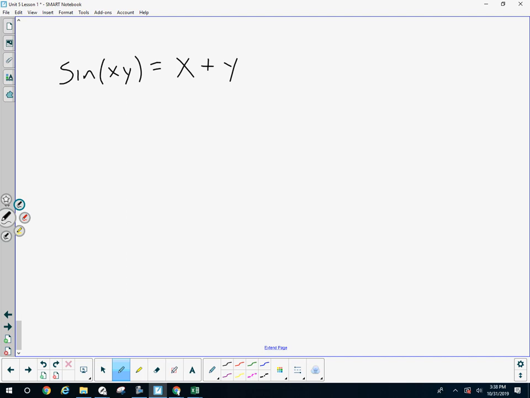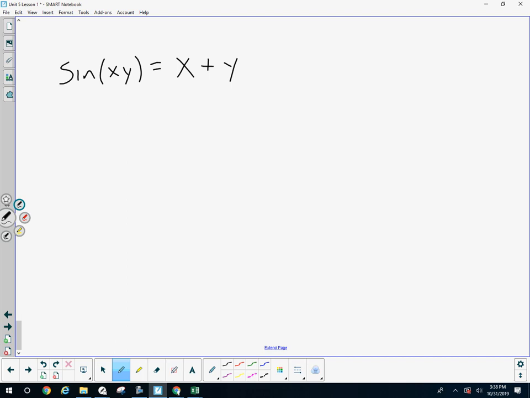So, let's start by taking the derivative of sine xy. Chain rule, right? So the chain rule for the derivative of sine xy.